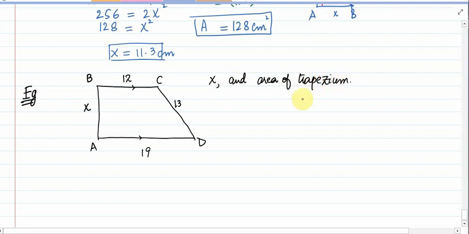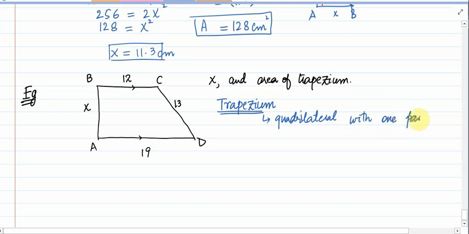Now first thing, what is a trapezium? Trapezium is a quadrilateral. Quadrilateral means a four-sided figure. Trapezium is a quadrilateral with one pair of parallel sides.